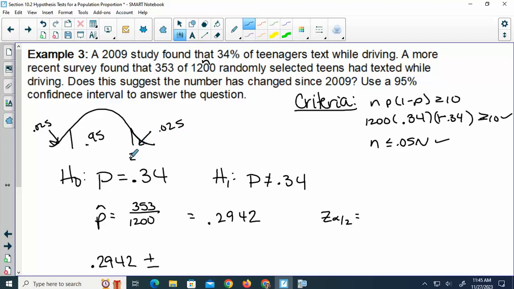Remember, the table gives us the amount to the left. So we need to look inside our table for 0.975. So that is our Z.